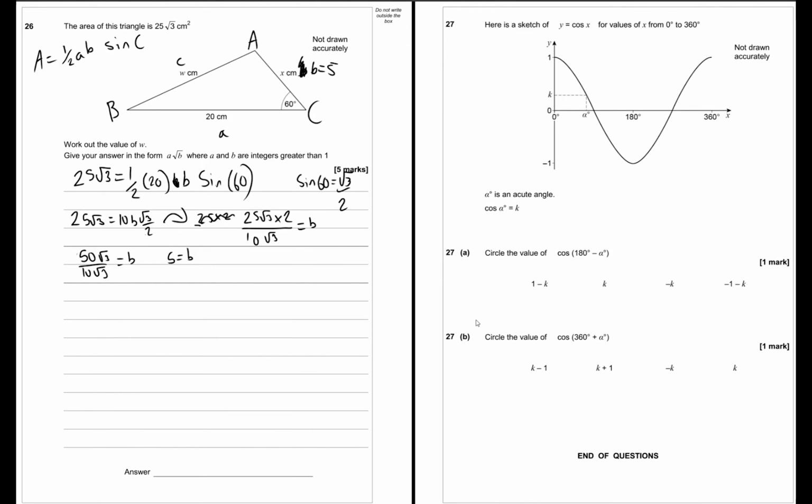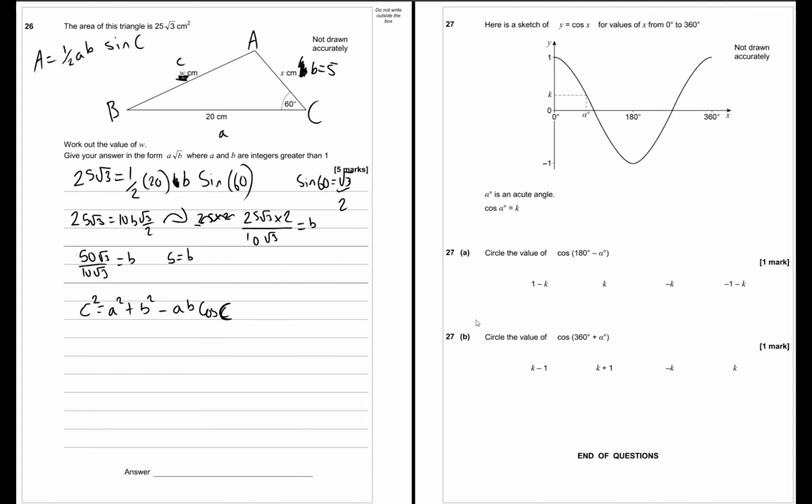Okay, so now we want to find this last remaining side. And we have 2 sides and 1 angle. So that means we need to use the cosine rule. So we know that c squared, because c is the side we want to find, is equal to a squared plus b squared minus ab cos C, because of big C. So now we can substitute some numbers in.